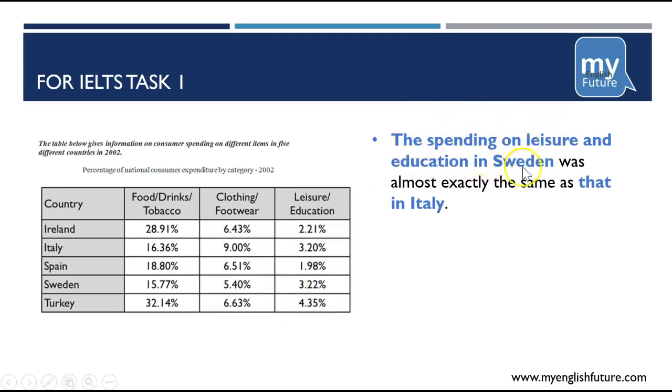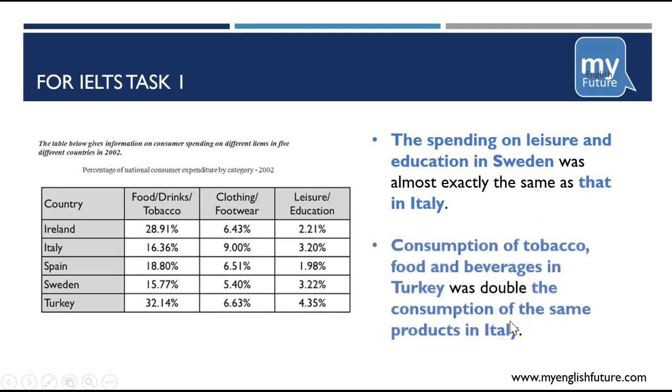But it's a very long noun phrase. We don't want to repeat all of the words, so we just use the pronoun that. The spending on leisure and education in Sweden was almost exactly the same as that in Italy. So here we've got 3.2%, and here we have 3.22%, almost exactly the same.